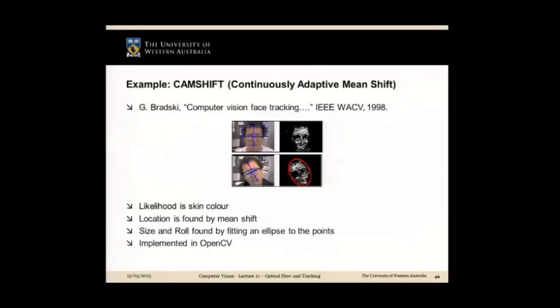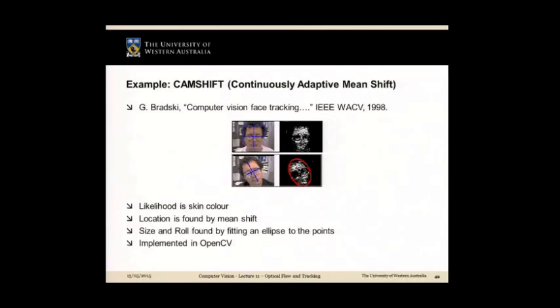Okay, so as an example, we'll also look at a technique called CamShift, which is Continuously Adaptive Mean Shift. It was written by Bradski and published in IEEE WACV, Computer Vision Face Tracking. In this particular case, the likelihood is skin color.